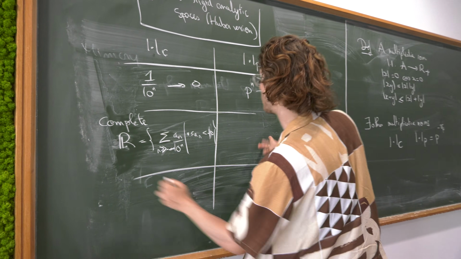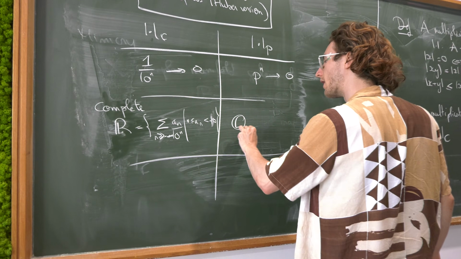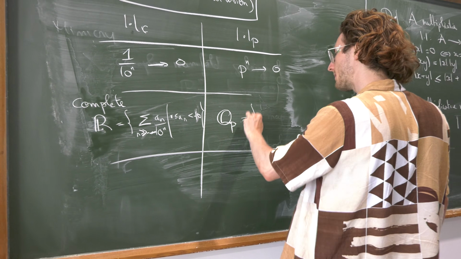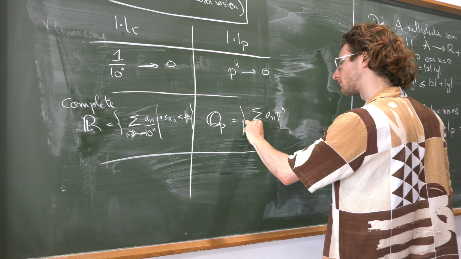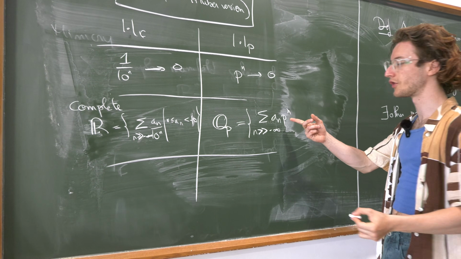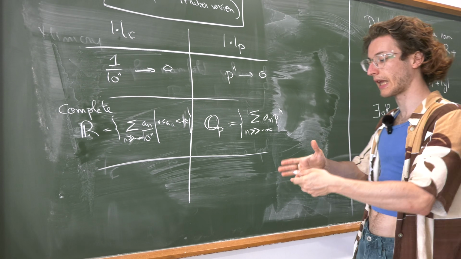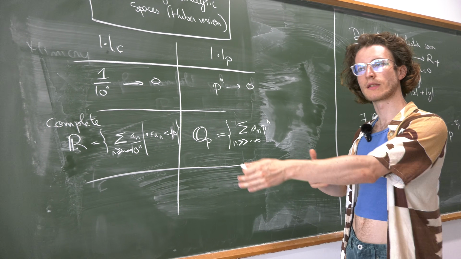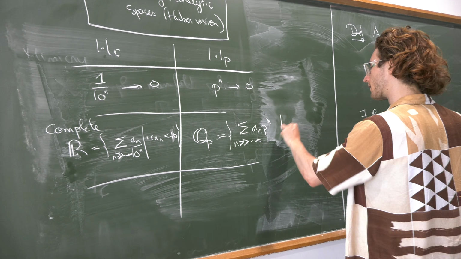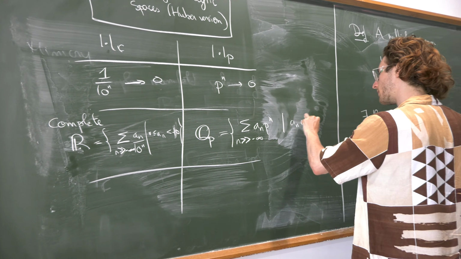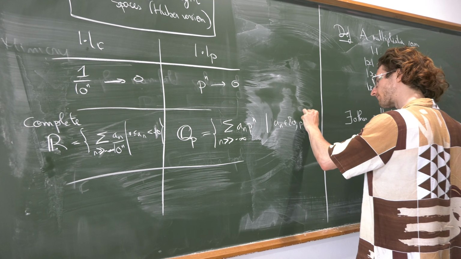On the other side, you end up with Q_p, which is kind of the same. You have all base p expansions. When you have an integer, for instance, you know that you can expand it in base 2, the base 2 representation. And so a_n is between 0 and p minus 1.